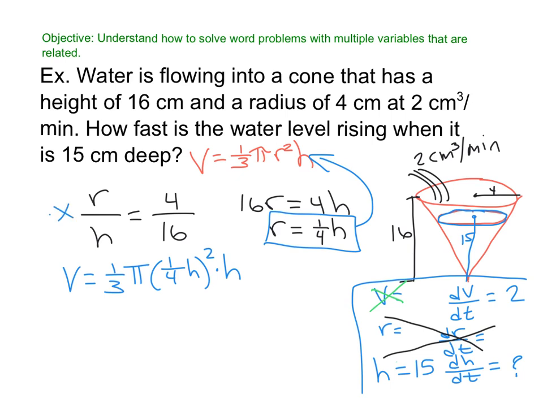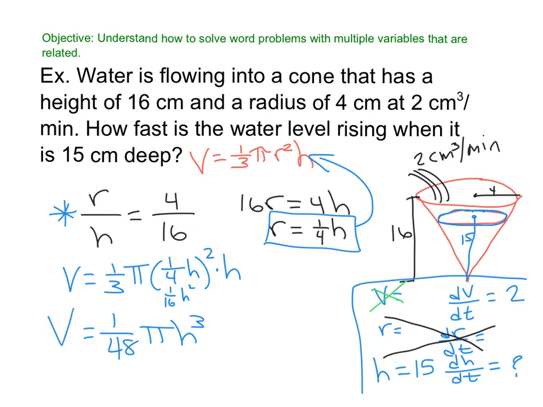We used that proportion, cross-multiplied, solved for the one that we don't care about, and replaced to get rid of it in the formula. So this is 1/16 h squared times h. So we end up getting 1/48 pi h to the third, and that's our volume formula we're going to differentiate.